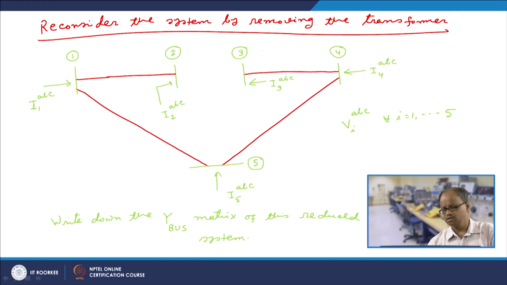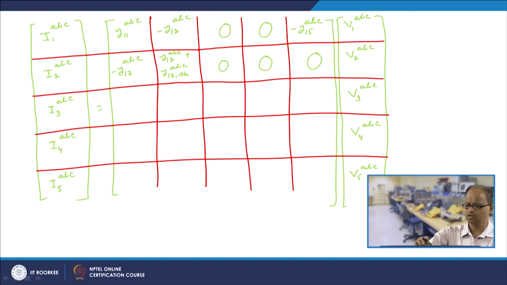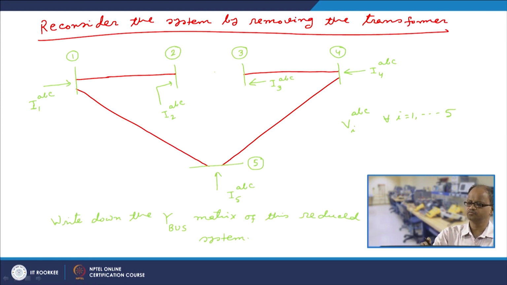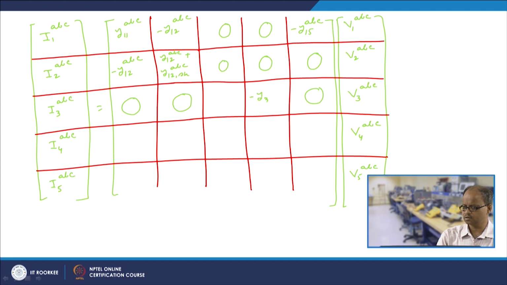Now bus 3 is only connected to bus 4 and not to any other bus; buses 1, 2 and 5 are not connected. So between bus 3 and bus 4 it is minus Y34 ABC, and at bus 3 it is Y34 ABC plus Y34 shunt ABC.